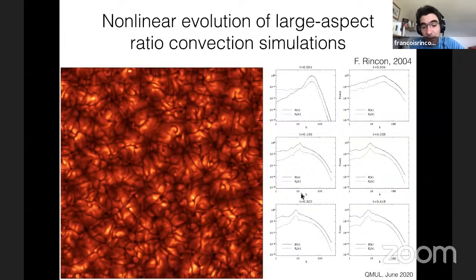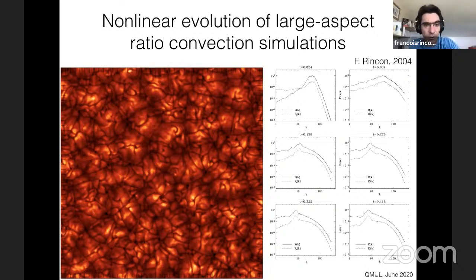But some people have found through parametric studies, which I wasn't able to do because of the cost of the simulation at the time, that the actual scale ratio between these two scales depends on things such as stratification, the amount of density ratio between the surface and the bottom, or the depth of the entropy jump or superadiabatic layer at the surface.